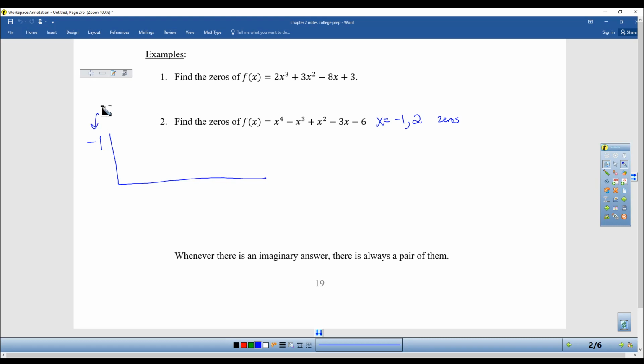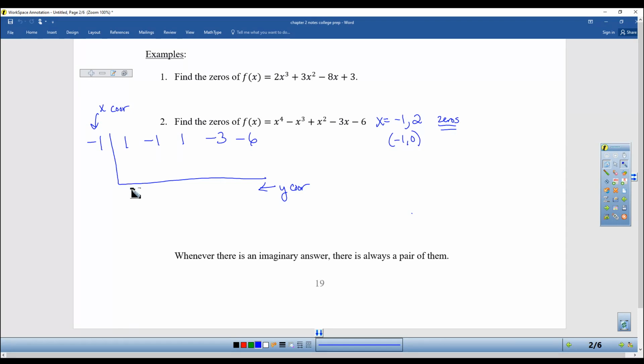Remember, this is always where the x-coordinate goes, and then out should pop the y-coordinate. And since these are zeros, that means that they're also x-intercepts, which means that if x is -1, the y should be 0. So I know I'm going to get a 0 there. But this kind of confirms that I did it right.